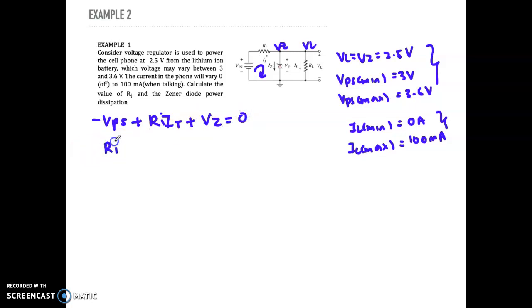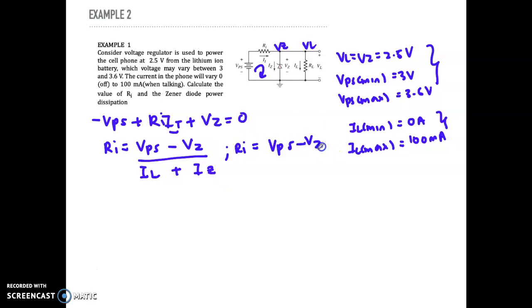Take your Ri out, so it becomes VPS minus VZ divided by I total. What is I total? Use KCL, so it becomes IL plus IZ. So you need to have two equations for Ri, one for minimum, another one for maximum.